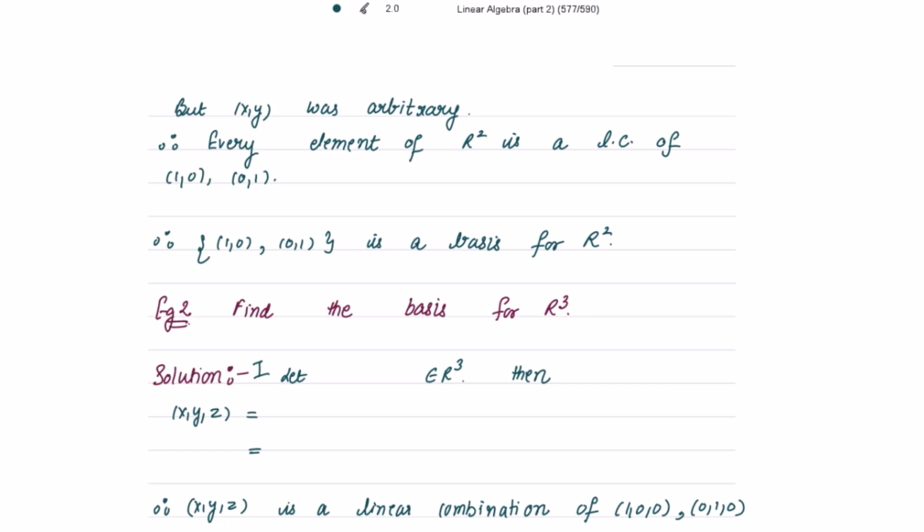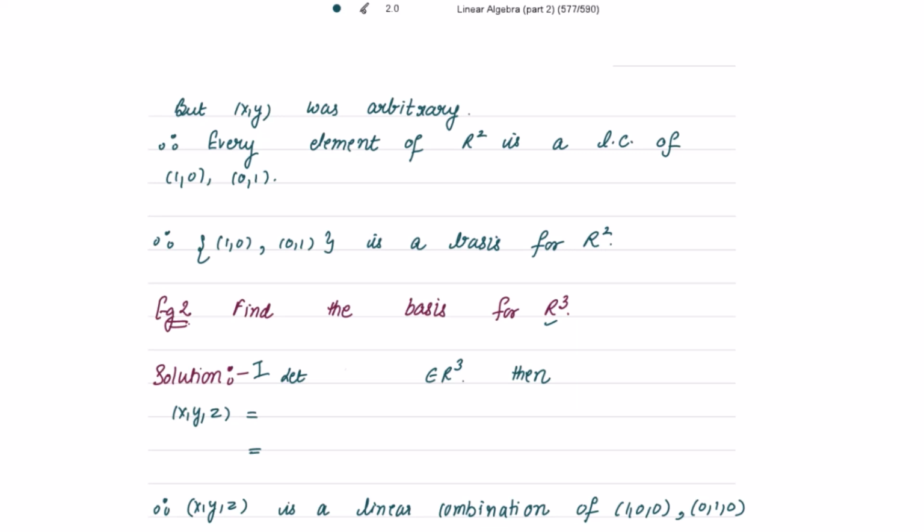For that I need to take one element from R3, write it as a linear combination of elements of R3, and prove that every element of R3 is a linear combination of some vectors of R3. Then I can say that my second condition for a basis is proved.